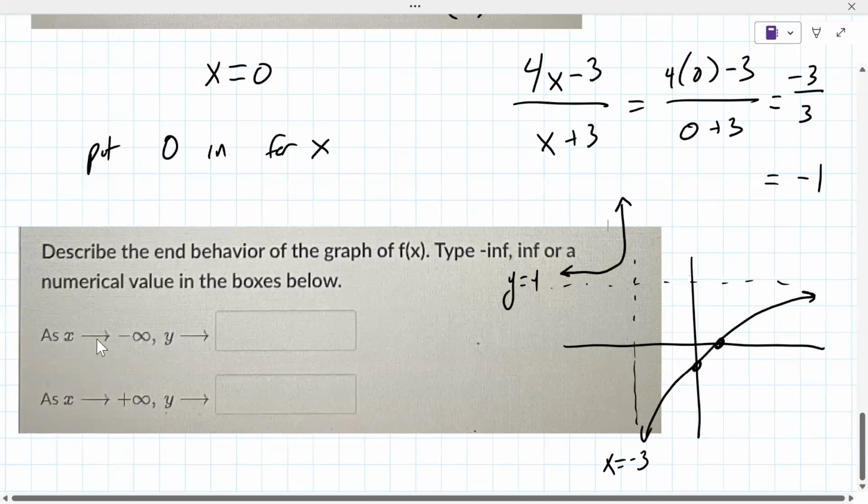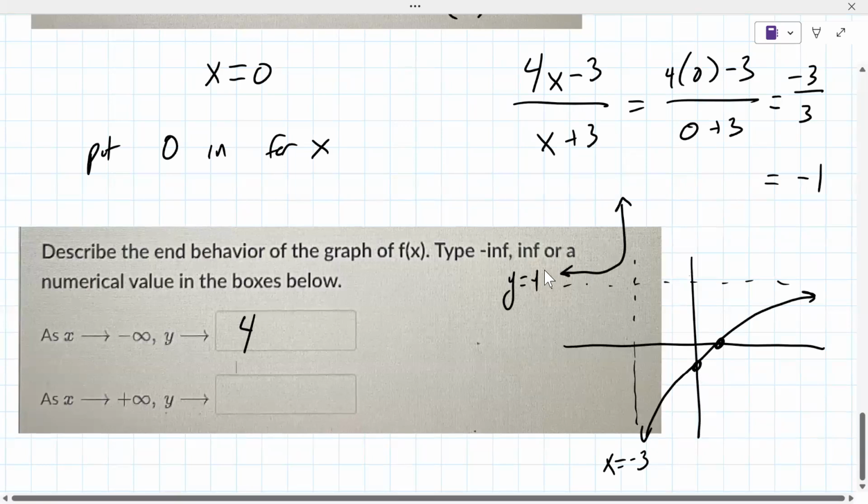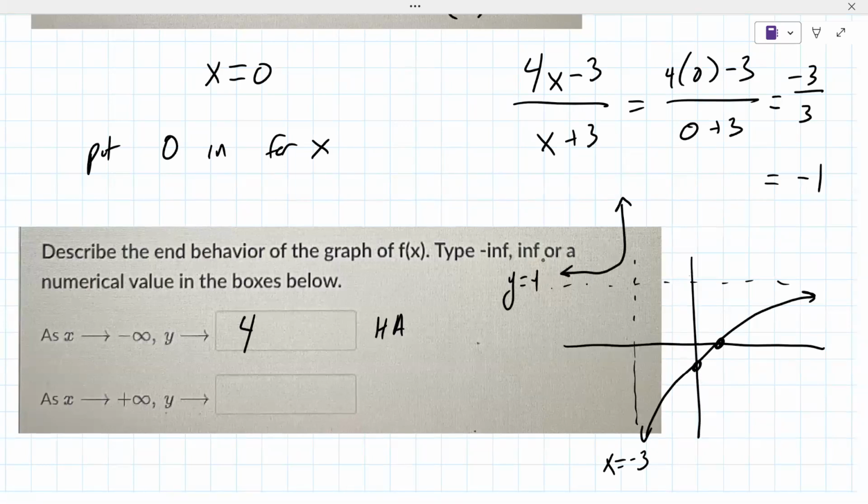So how to answer this question? As x goes to the left forever, so that's this way, y goes to 4. So these are typically the horizontal asymptotes.